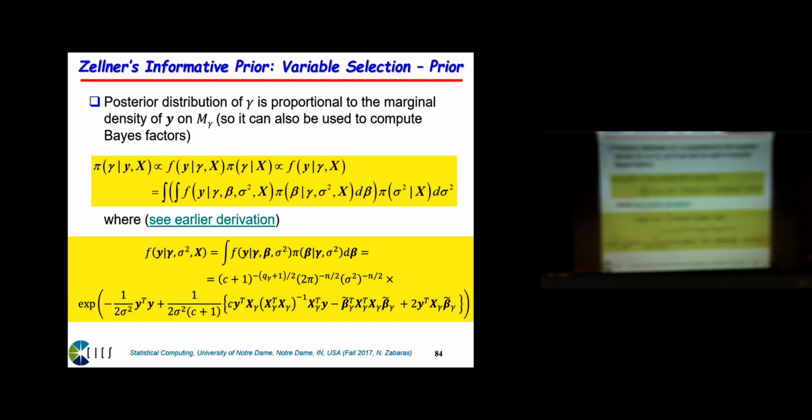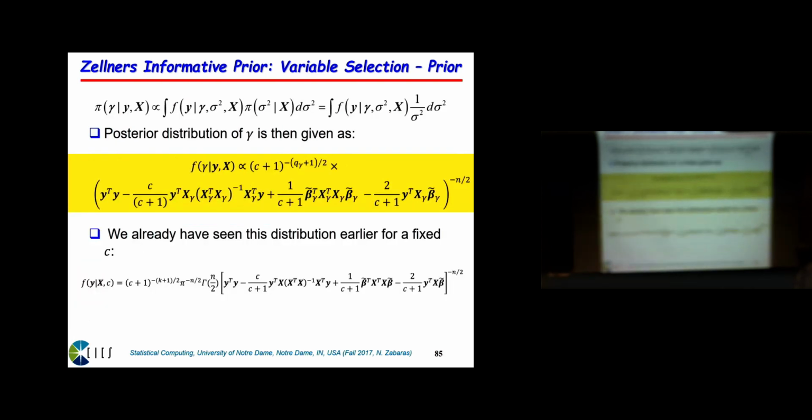The only difference is that, instead of having x, I have x gamma, and instead of curly beta, I have curly beta gamma, and the rest is the same. It's the same formula as before, restated for model gamma. So the posterior is proportional to the marginal likelihood. This is what we need to use.